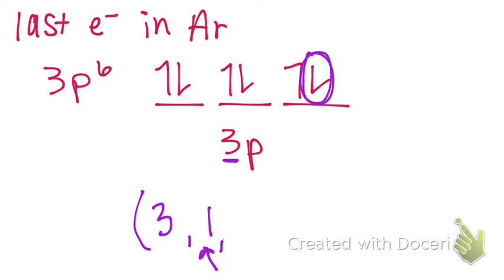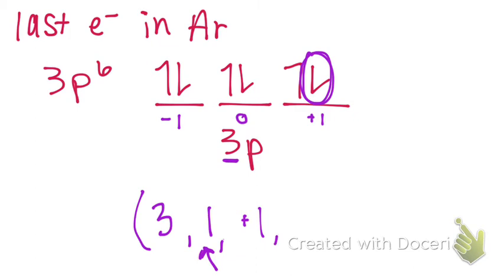I label my orbitals that way: -1, 0, +1. They range from negative l to positive l. My electron's on the version that's +1. In this case, it would be in a pz orbital, if we were going to label it all the way down to that, but we don't have to.